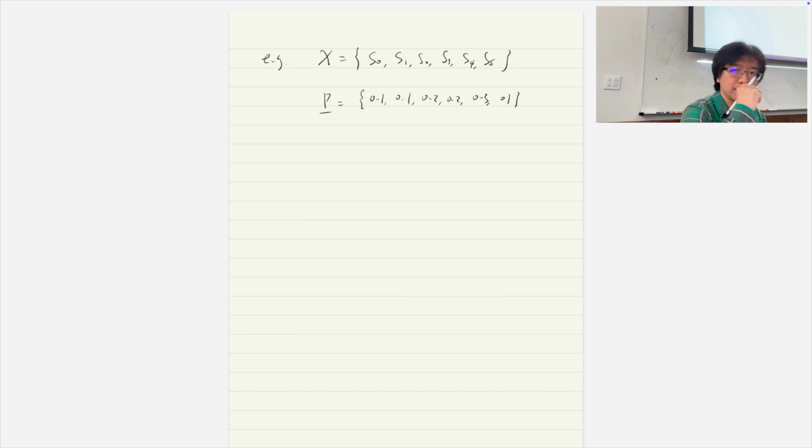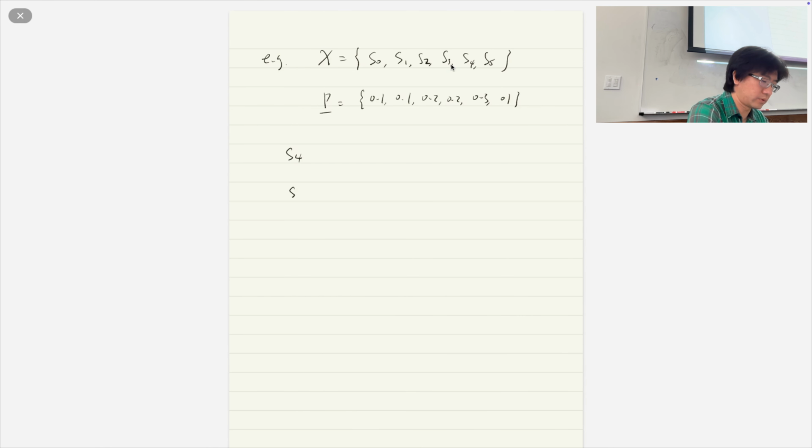Now let's see how we can do it. We order it from the highest one to the lowest one. The highest one is this 0.3 here, so that's S4, which is on the top. The second largest is 0.2, so we have S2 and S3 here.